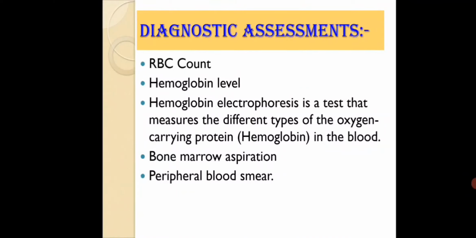With the peripheral blood smear, we can understand the shape or structure of the RBC, or we can identify the type of anemia, and then we can say this is the cause for this type of anemia, like whether it is microcytic, macrocytic or normocytic. Depending on the shape and the structure, we can identify the type of anemia.